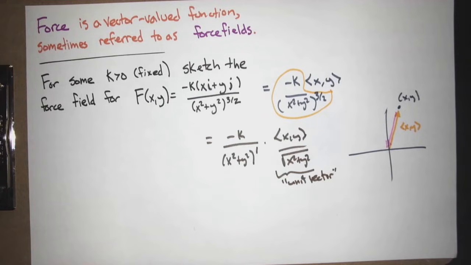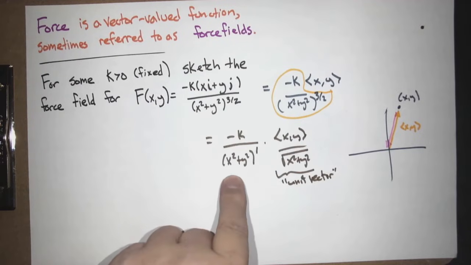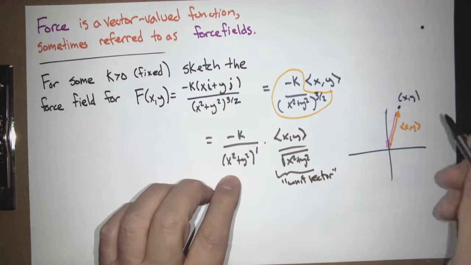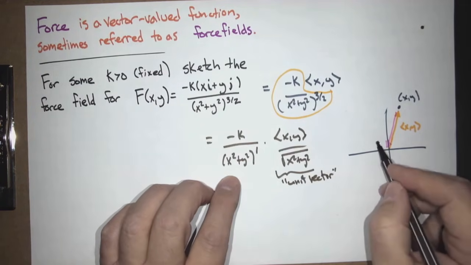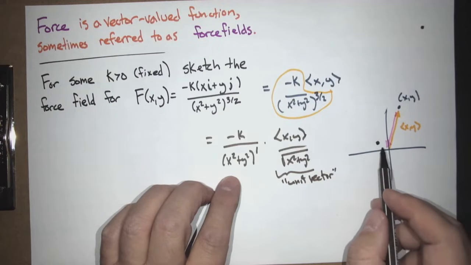Well, so let's think about what this says. What happens if we're far from the origin? So if I'm way out here, is my vector a long vector or a short vector? Short. Why? Because x squared plus y squared is big. If I'm near the origin, am I a big vector or a small vector?